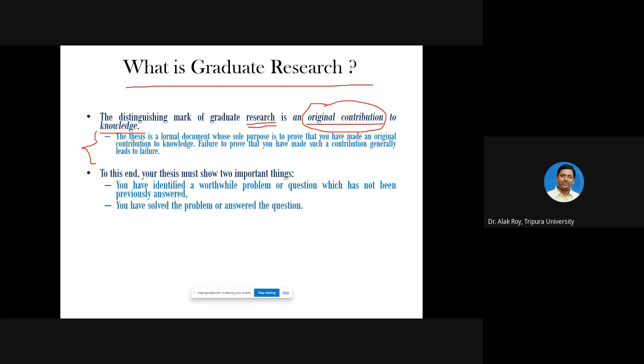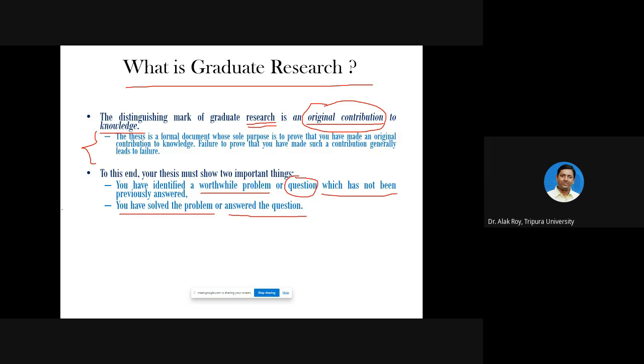So to this end, your thesis must show two important things. What? You have identified a worthwhile problem, that is the question. Whatever question you will choose, that is worthwhile and which has not been solved previously. And you have solved the problem or you have answered the question.